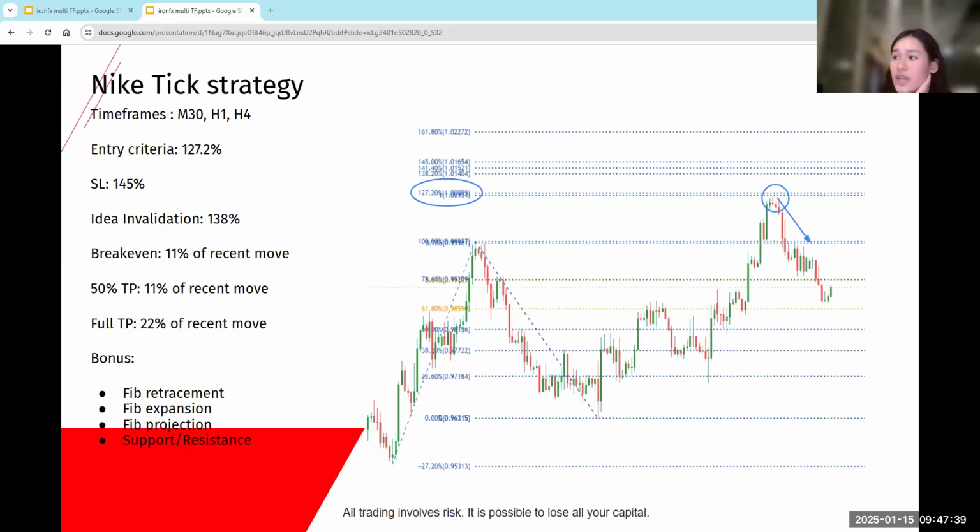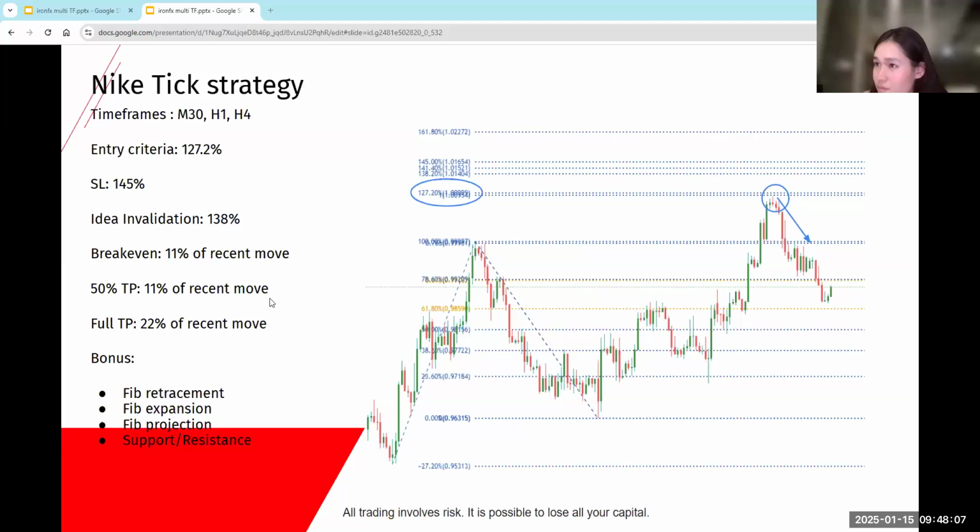Okay, so this is a short example. If we're going in for a sell here because we're reversing off this level, you place your stop loss at this 145, and then we're going in for a sell towards, okay, I guess in this case I would maybe place my take profit at 22% of the recent move.